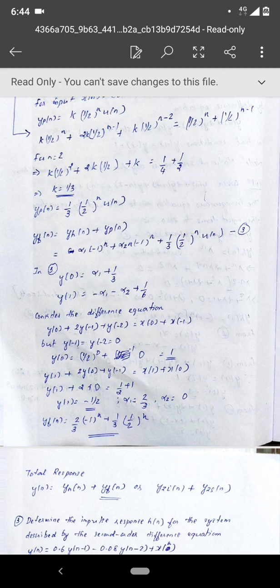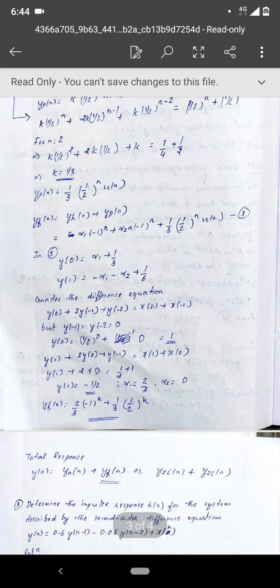So here alpha 1 and alpha 2 are found out from 0 initial conditions. There the same equation was there, but alpha 1 and alpha 2 were found from the initial conditions. That is, you add the complementary function with a particular solution, and then you found alpha 1 and alpha 2 from the initial condition.